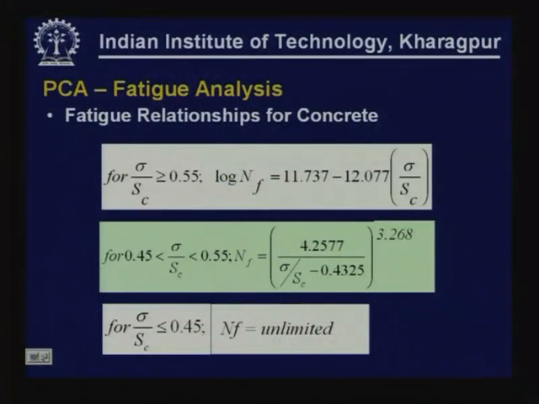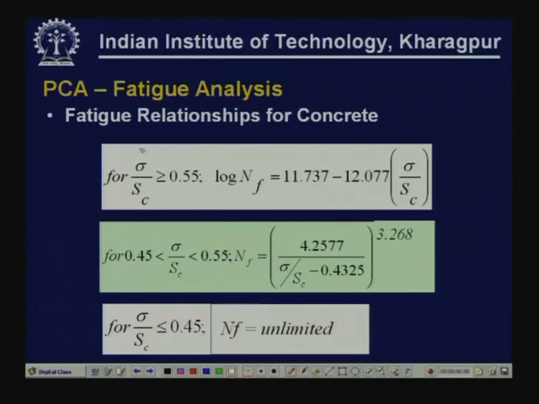As you can see in this slide, for different stress ratio values given by sigma by SC, where sigma is the tensile stress in concrete because of the load under consideration, and SC is the tensile strength of concrete. We have represented this as stress ratio SR.